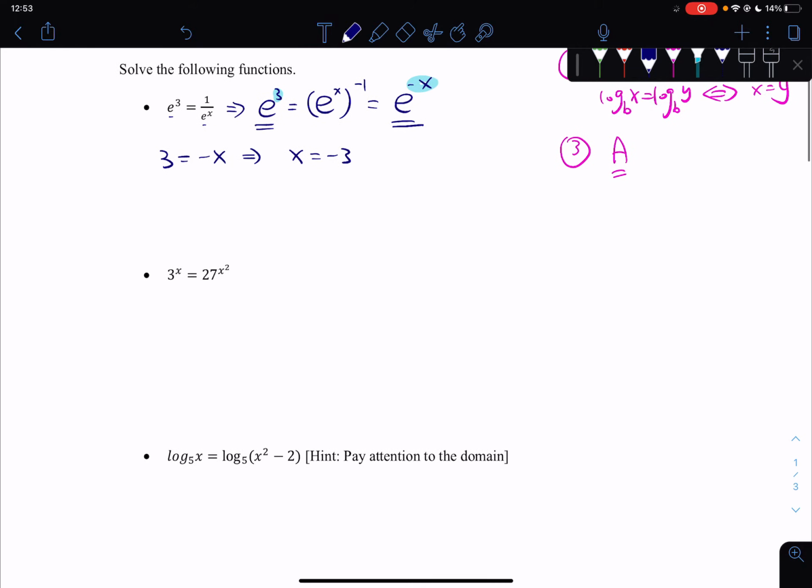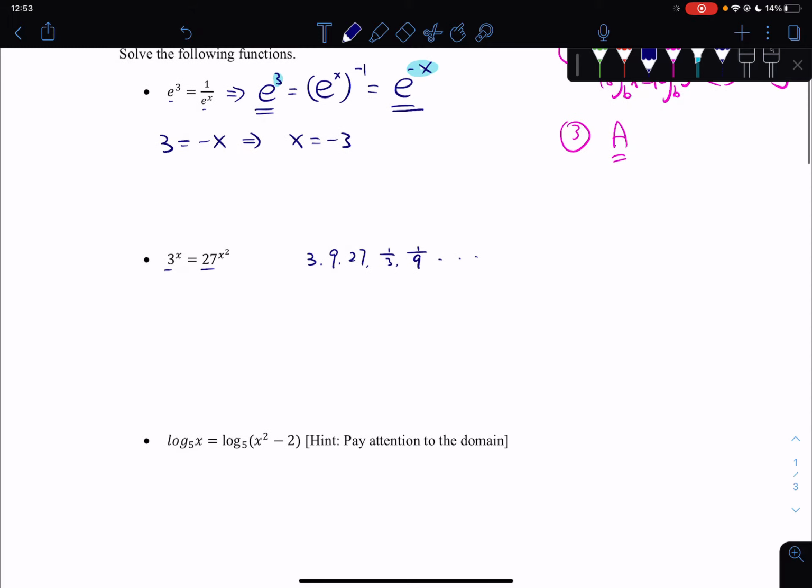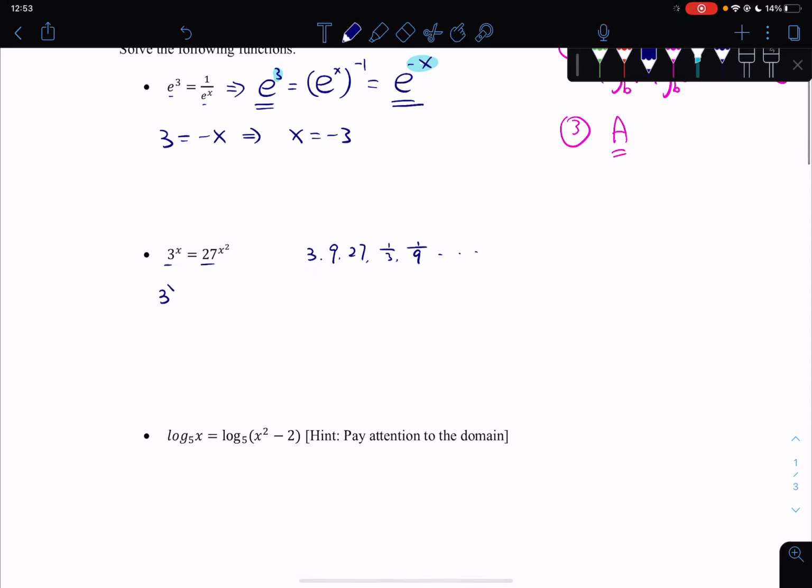The next problem here, 3 and 27. I hope you realize 3, 9, 27, 1/3, 1/9 are also something that can be phrased easily in terms of base 3. Therefore, in this problem, 3 to the x and 3 cubed, which by the way is 27, to the x squared, they are the same thing, 3 to the 3x squared. So again, in both problems we were changing to share the same base.